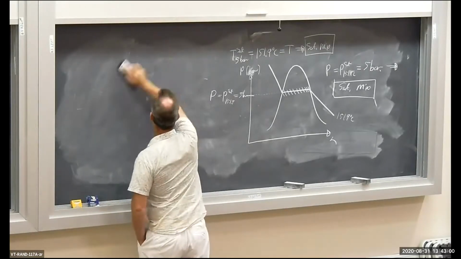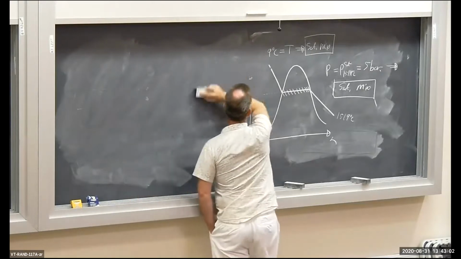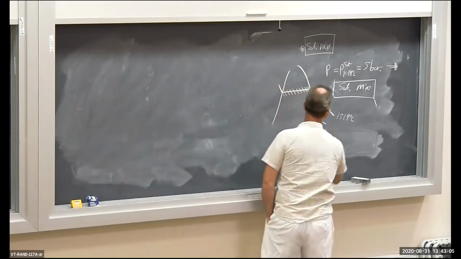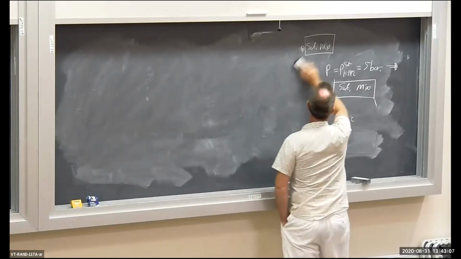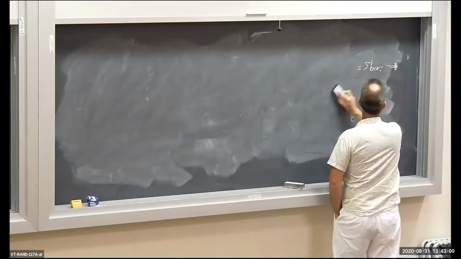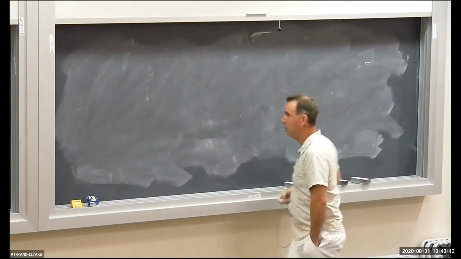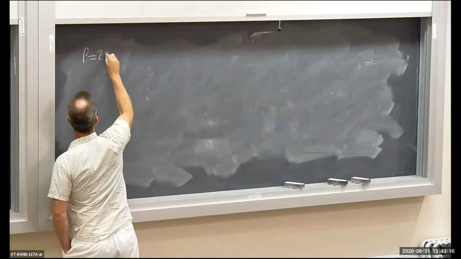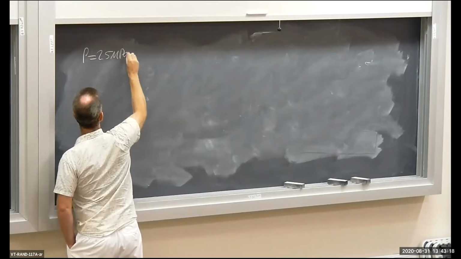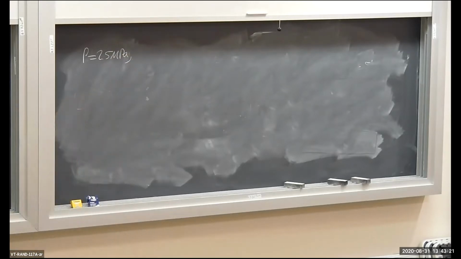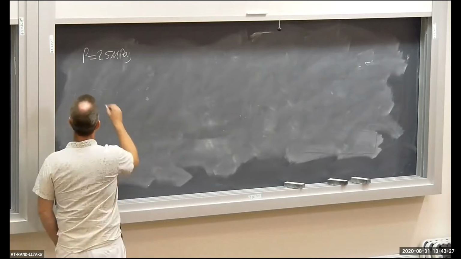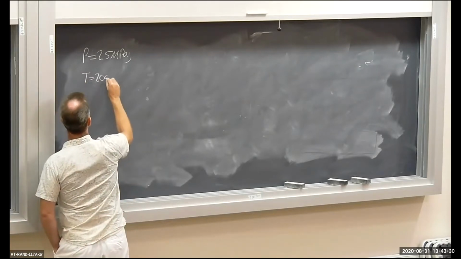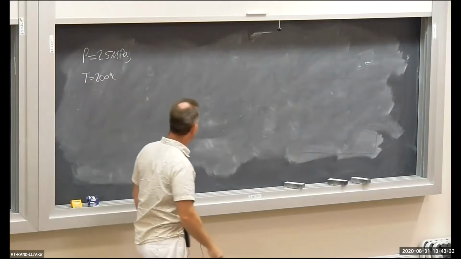Pressure is 2.5 megapascals. And what's our temperature? Our temperature is going to be 200 degrees C again. Temperature 200 degrees C. Let's find the state.